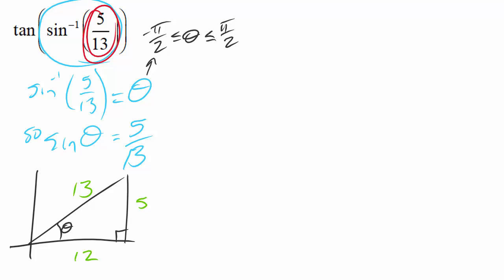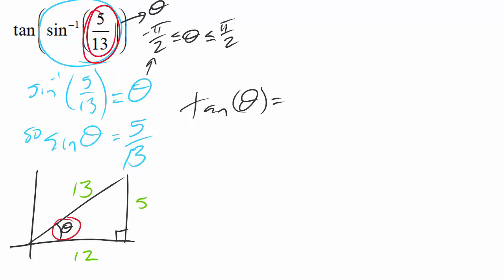Now, since this is going to give us some angle theta, we're going to turn around and take the tangent of that angle theta. You might be feeling a bit concerned because we don't know the measure of angle theta.